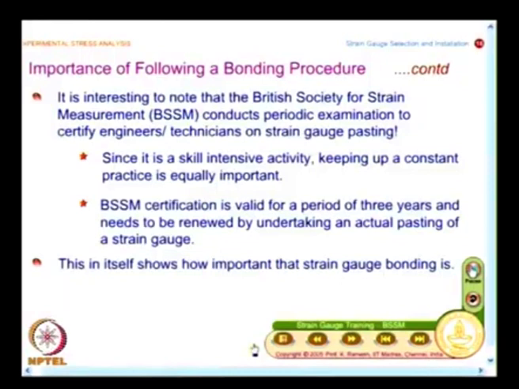The very fact that a professional society conducts an examination indicates how important the strain gauge bonding procedure is. You should also note that it is a skill intensive activity, and any activity that involves skill, you need to keep doing it. So, keeping up a constant practice is equally important.